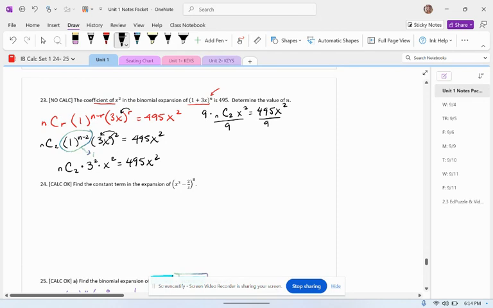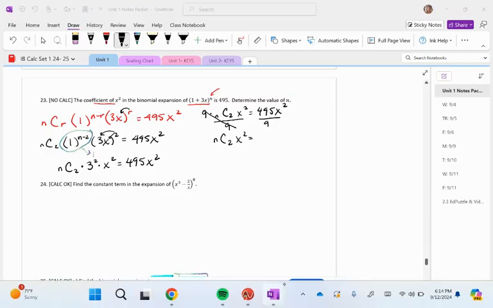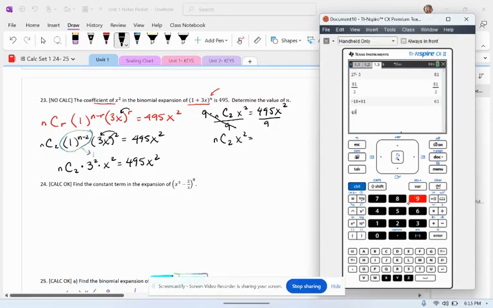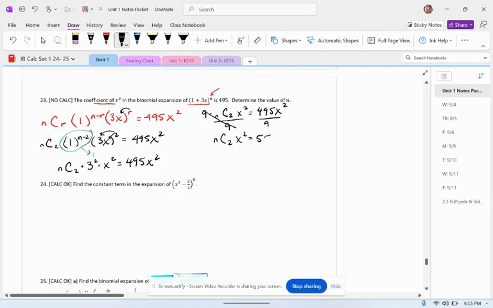Let's divide both sides by 9. I now have n choose 2 x squared is equal to, let's do 495 divided by 9, 55. Cool. Is equal to 55x squared. Now I wouldn't want to divide both sides by x squared because that's mathematically incorrect.